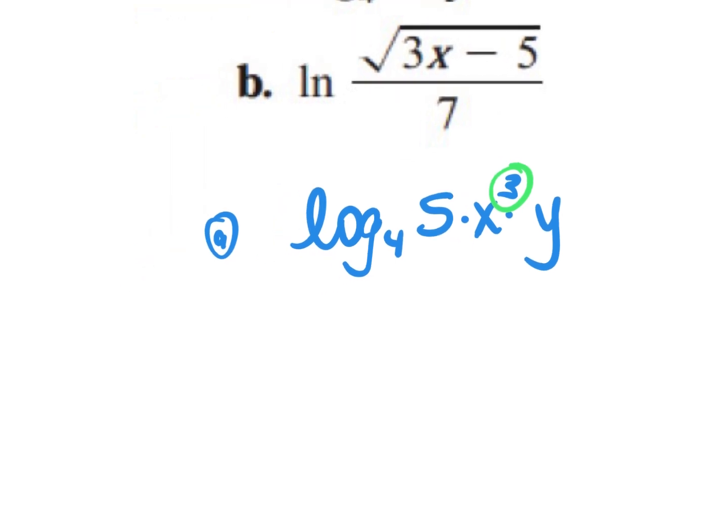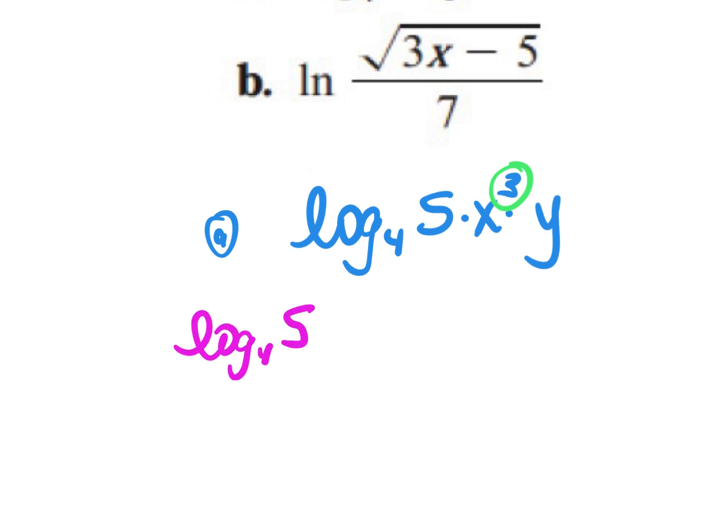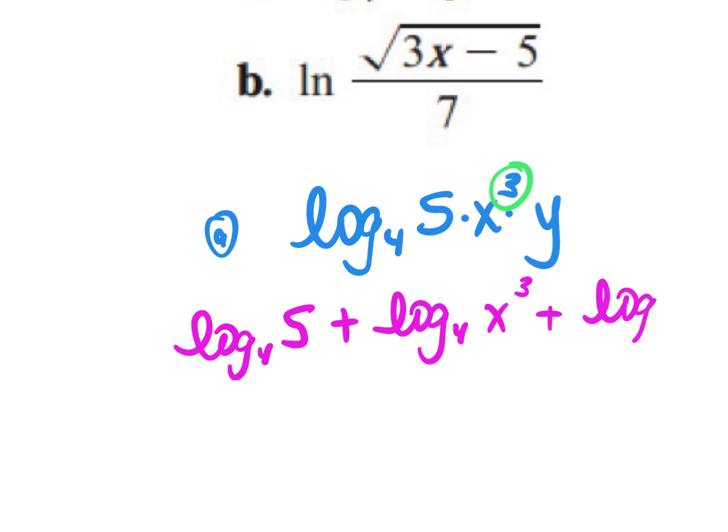So I'm going to rewrite this as log little 4 of 5. What does multiplication become? Addition. So log little 4 of x cubed. And then I have another plus sign, right? So log little 4 of y. Everybody with me? Okay, so everything's linear except for one thing. I have this exponent.